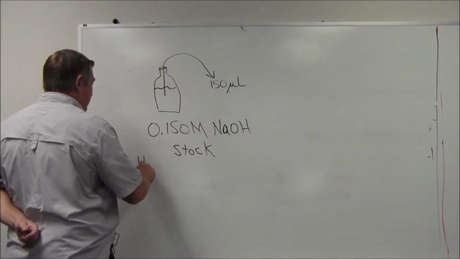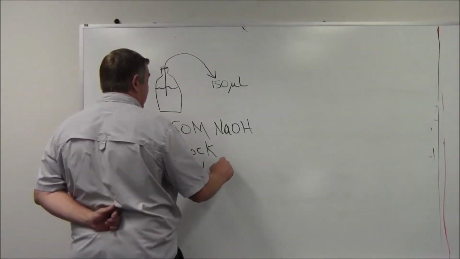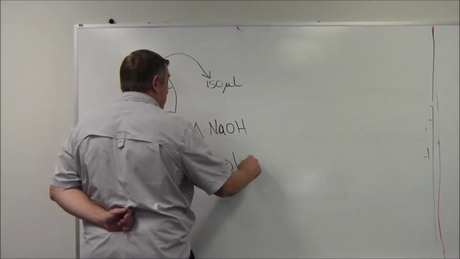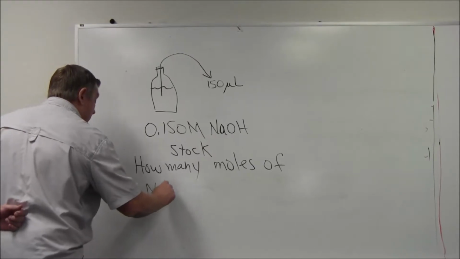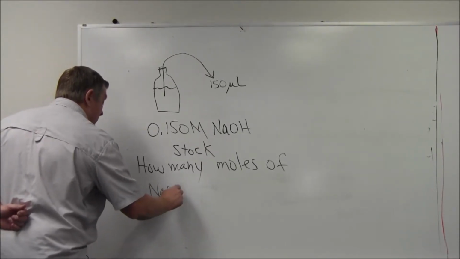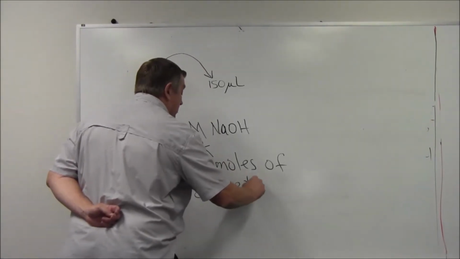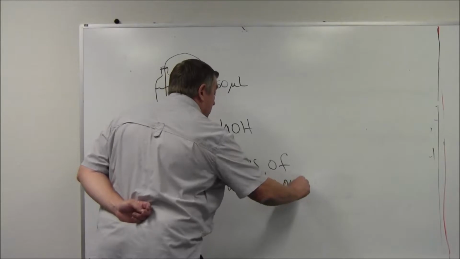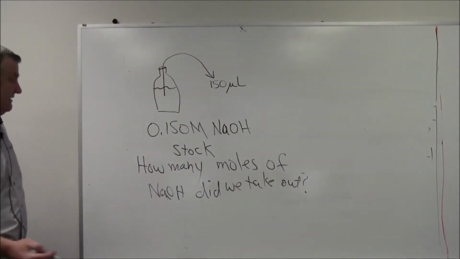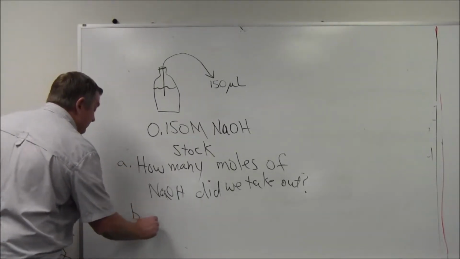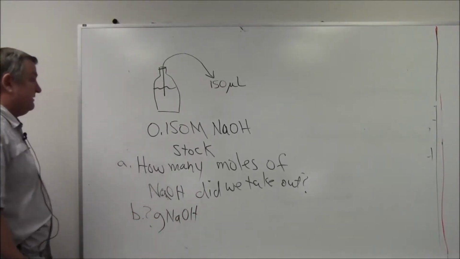The question is, how many moles of sodium hydroxide did we take out? That's A. And then B, how many grams of sodium hydroxide did we take out in that volume?